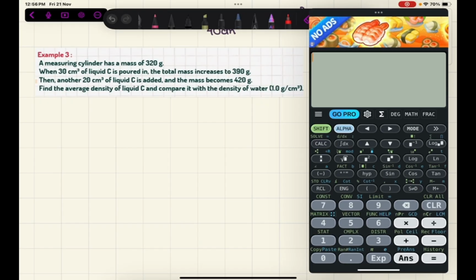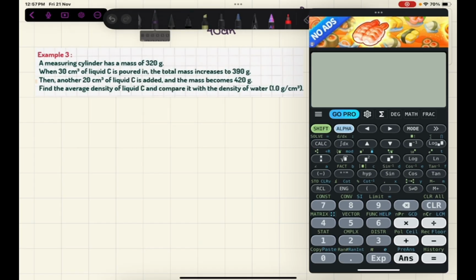But for this question, you need to think more. But never mind, it's only a little bit. I will explain to you step by step to answer this question. Okay, so let's start now. For this question, a measuring cylinder has a mass of 320 gram.